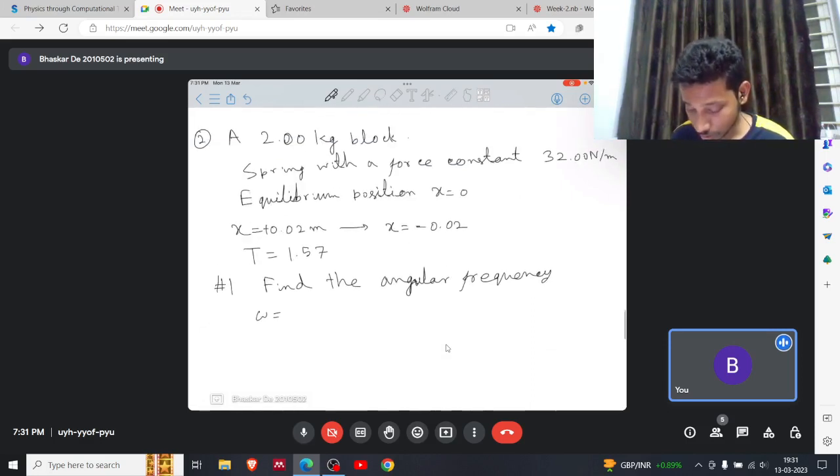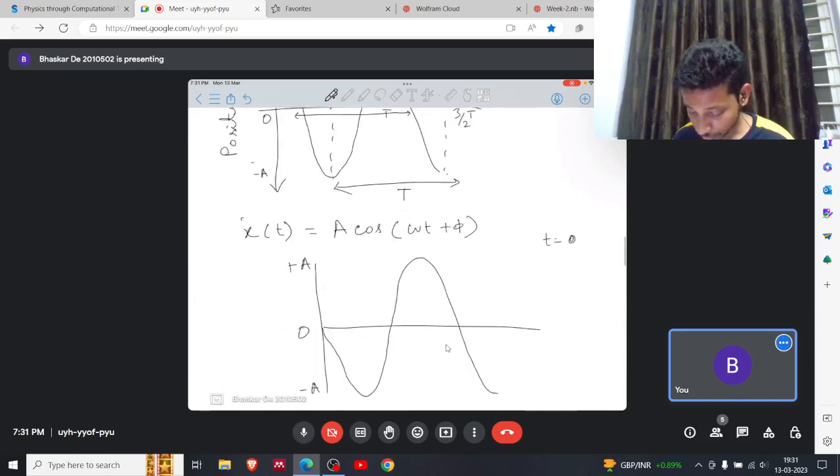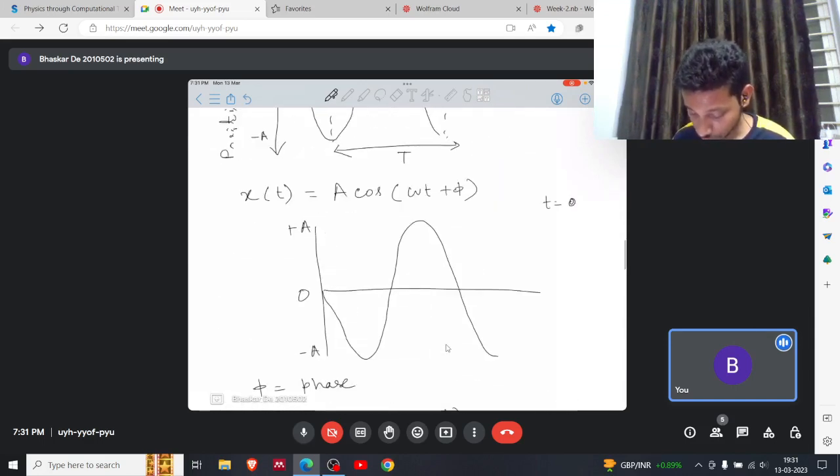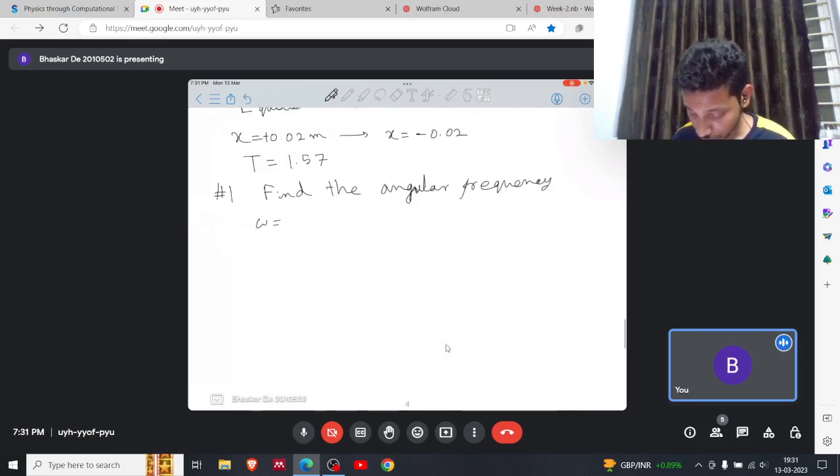As you can see, x equals 0.02 and x equals minus 0.02, so it is basically going from plus A to minus A. So there is no phase shift, and we can conclude that phi equals 0. Now omega equals 2 pi by T, with T equal to 1.57 seconds.